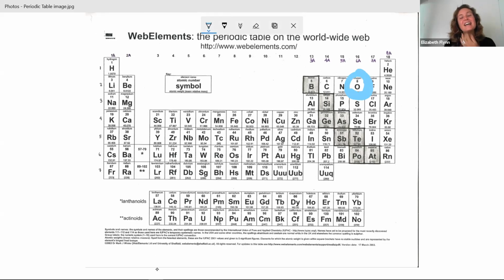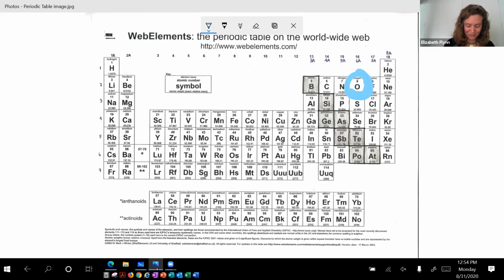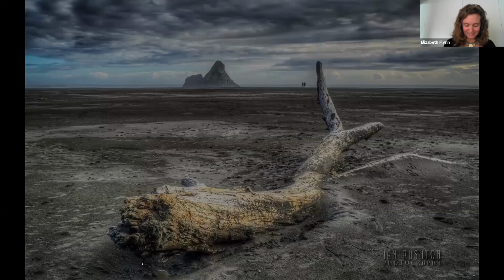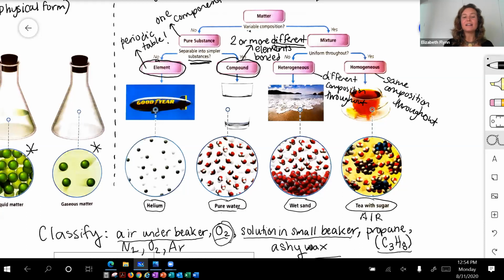Oxygen is an element. Even though we see that it exists as O2, that's still just one type of element. O2 is a diatomic molecule, but it's still just oxygen in there. So it is a pure element.